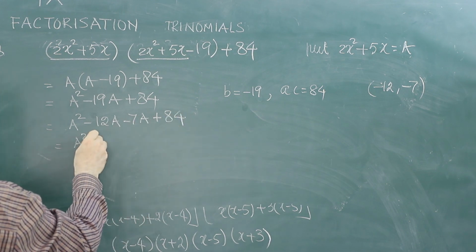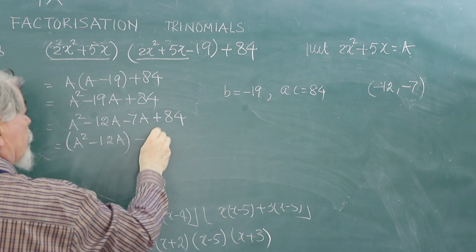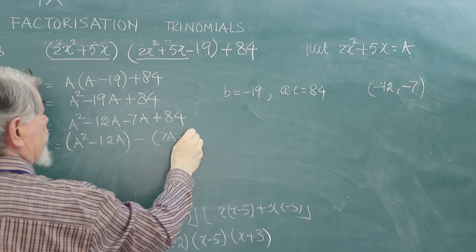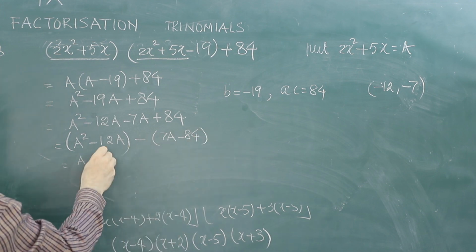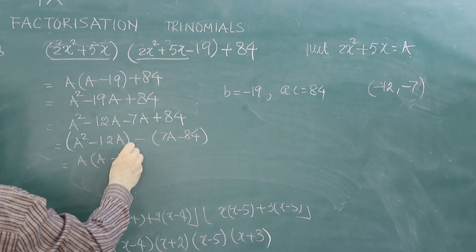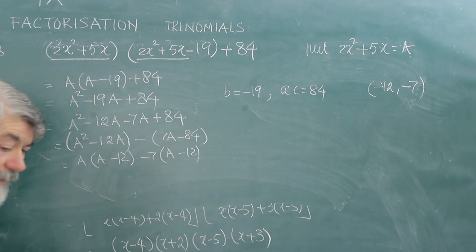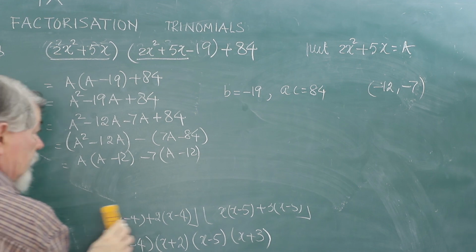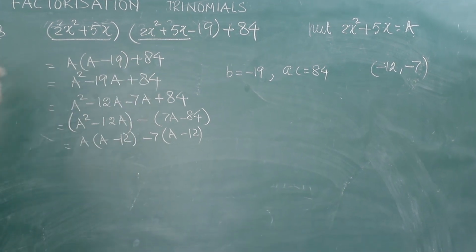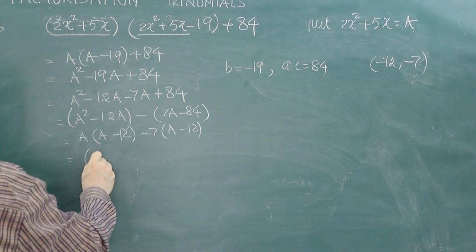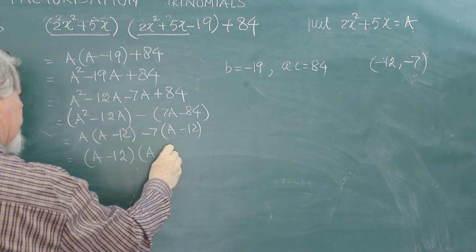A square minus 12a will be 1 here, minus common 7a minus 84 another. A is common, a minus 12. Minus 7 is common, a minus 12. So what do we get? A minus 12 and a minus 7.